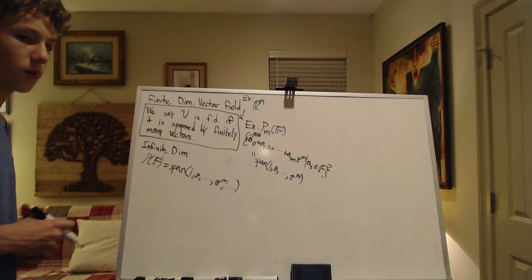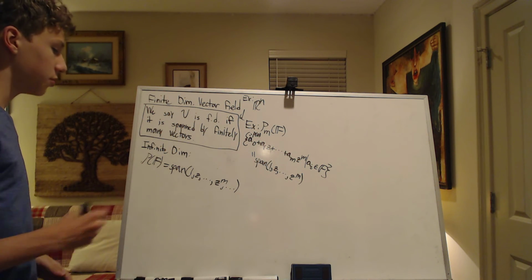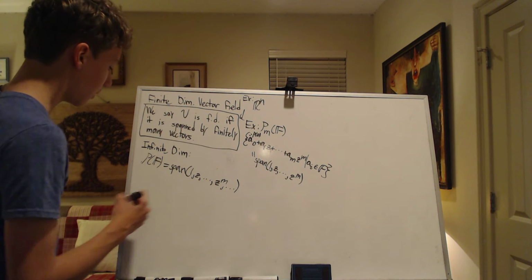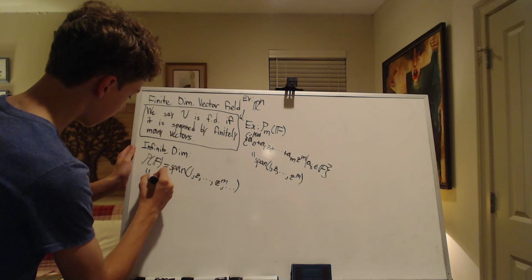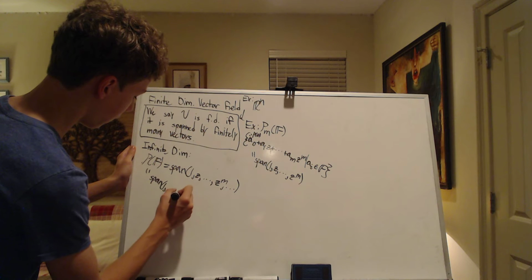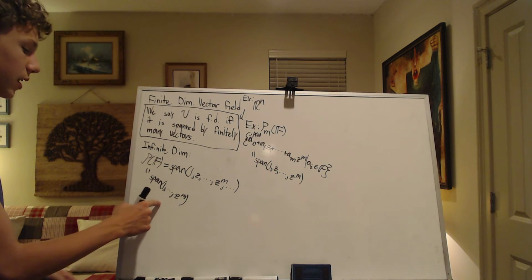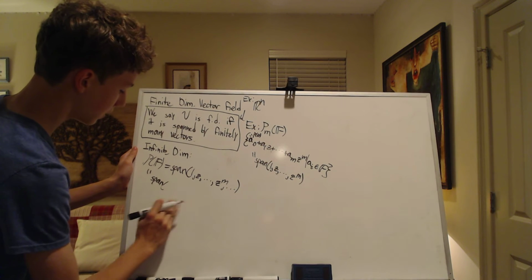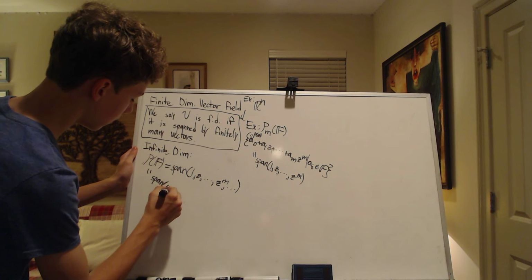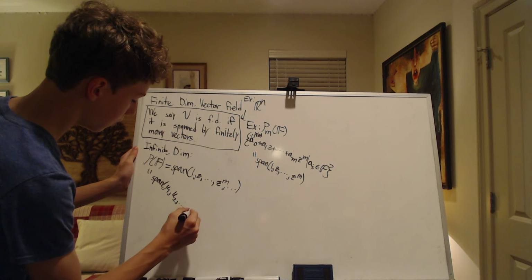Now, a better, more concrete argument to say that it's not finite dimensional is that suppose, by way of contradiction, it was finite dimensional, so that we can write the span as a finite number of vectors, all the way to un.